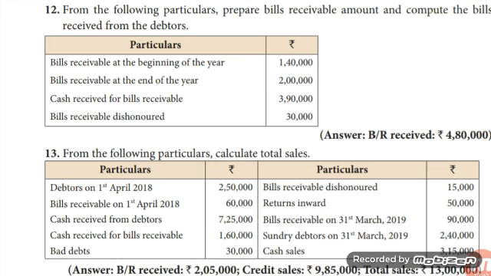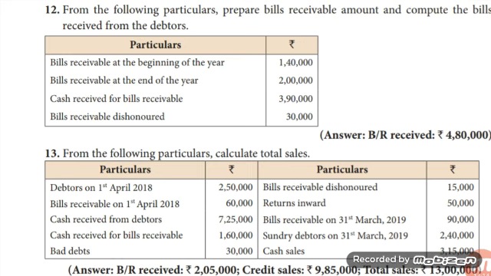Okay, first bills receivable account. Draw the account, enter opening balance of bills receivable on the debit side as to balance brought down. The amount is 60,000. Next, on the credit side, by cash account 1,60,000. Next, by debtors (bills receivable dishonored) 15,000.